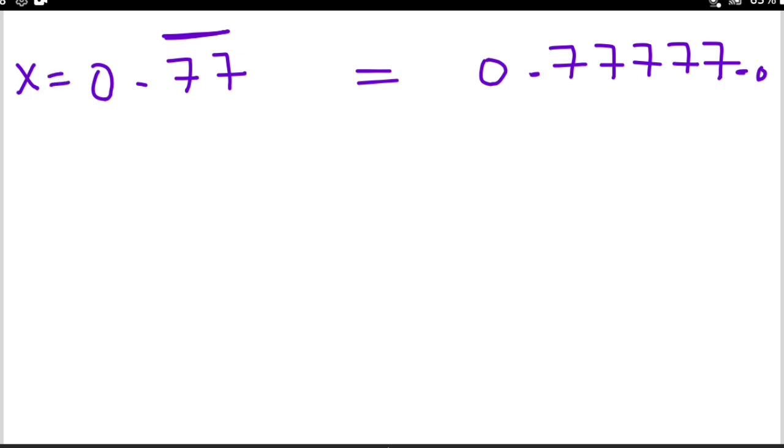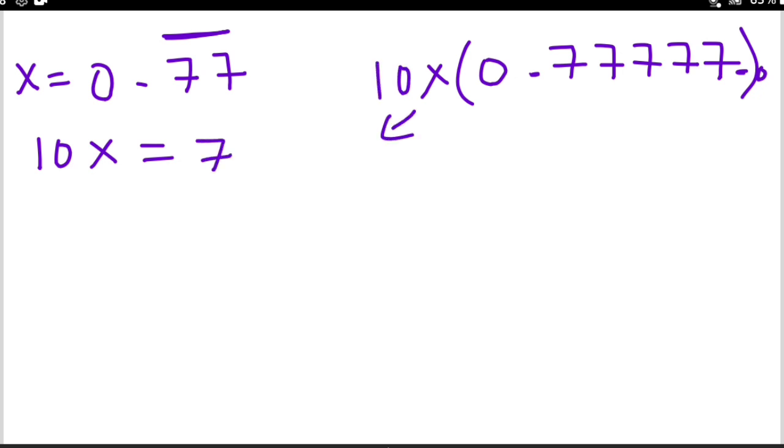That means a single digit is repeating. That's why multiply both sides by 10. So then 10x equals, after multiplying by 10, you will get 7.7777 and so on. So now what you have to do? Do subtraction with x.